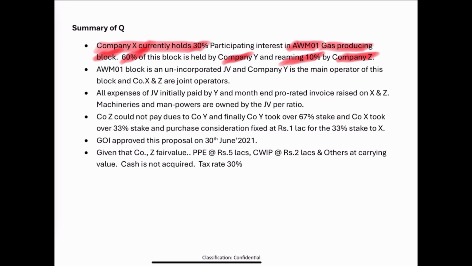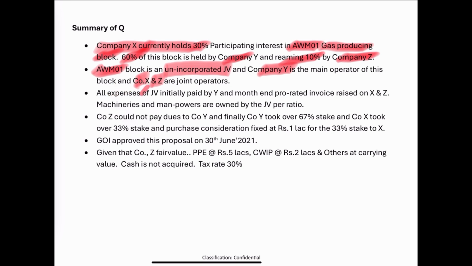This AWM01 block is an unincorporated JV. It's not a registered company, it's an unincorporated setup. For this JV, company Y is the main operator and company X and company Z are joint operators.